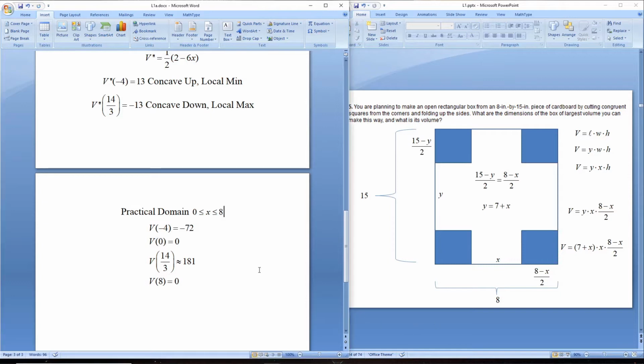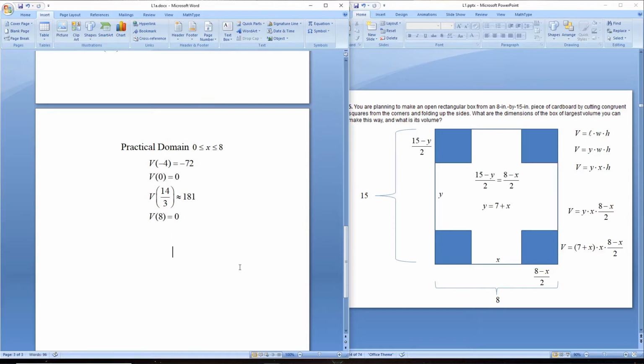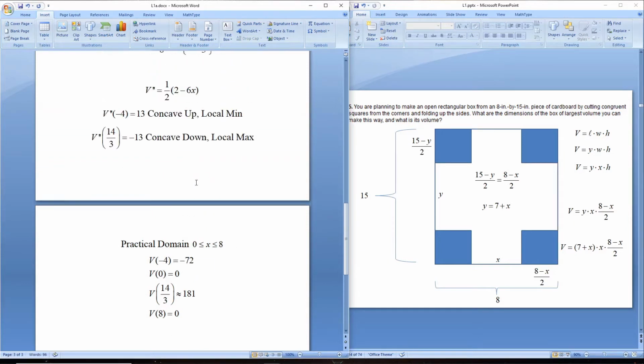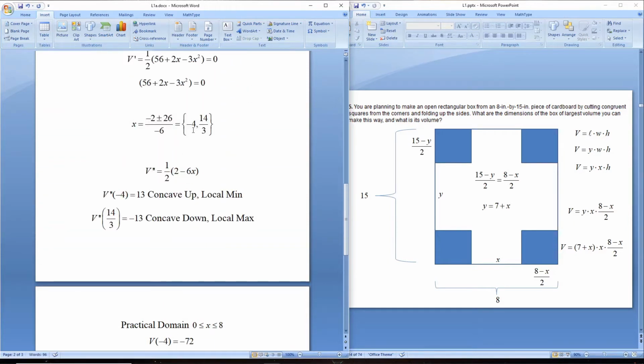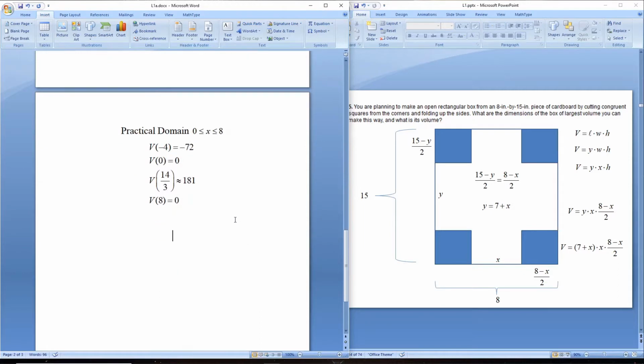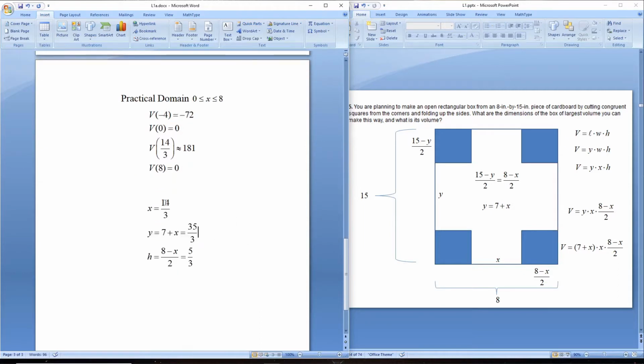So that allows us then to get all our answers now. So remember, going back up here, we solved for x. We figured out x equals 14/3. That's our number. And now that we have x equals 14/3, we can plug that into the y equation that we got here, 7 plus x.